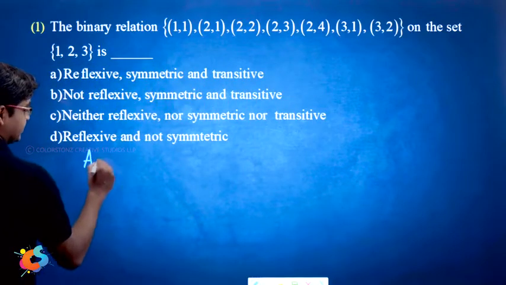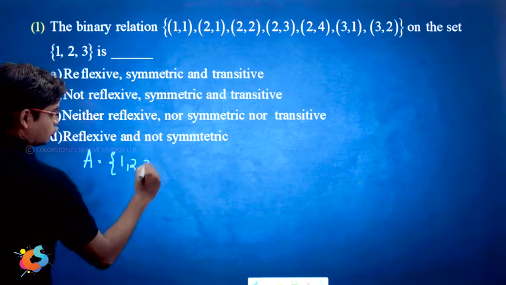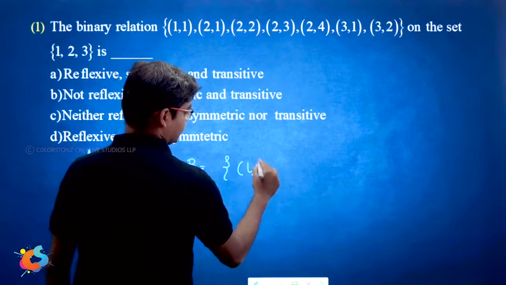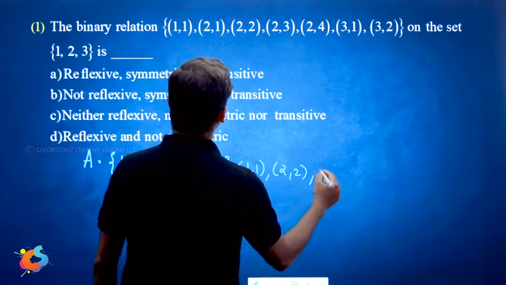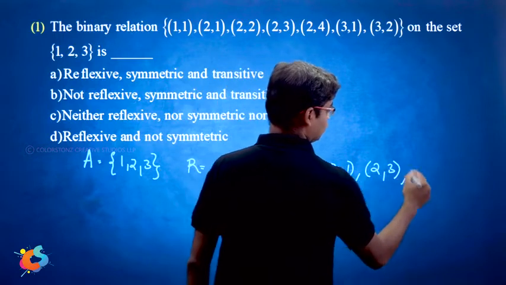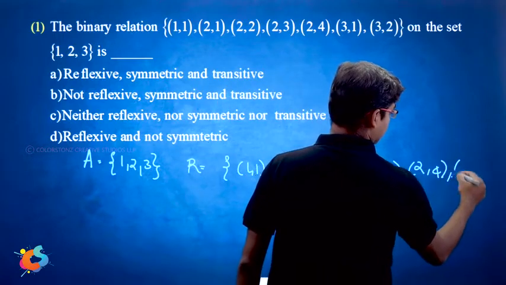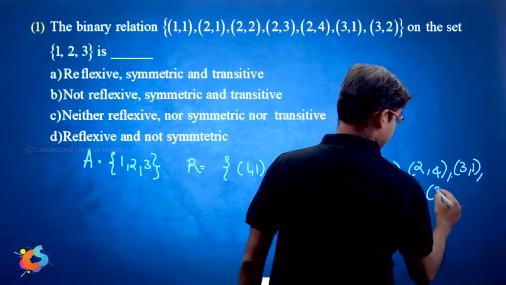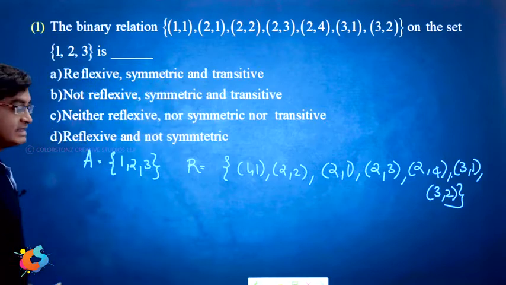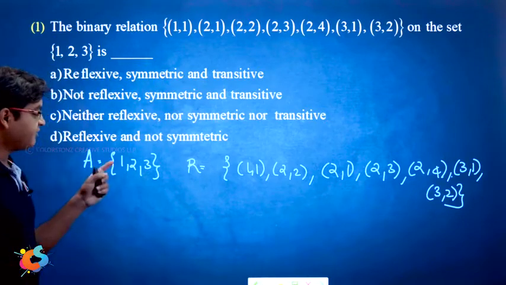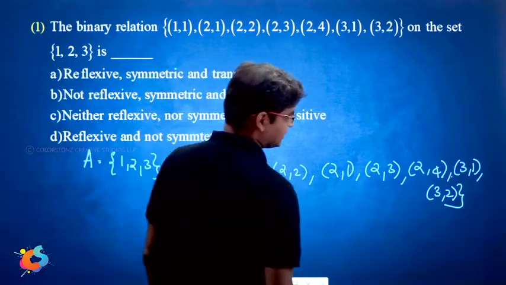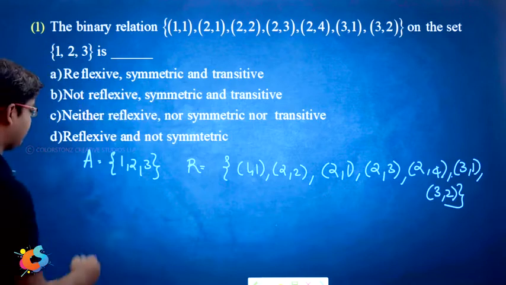The given set is, let us say, A = {1, 2, 3}, and the given relation R is (1,1), (2,2). Acha, (2,1) is also there, and next (2,3), (2,4), (3,1) and (3,2). Okay, fine. So is it reflexive or not? For checking reflexive, (1,1) should be there, (2,2) should be there, (3,3) should be there. (3,3) is not there, so therefore it is not reflexive.